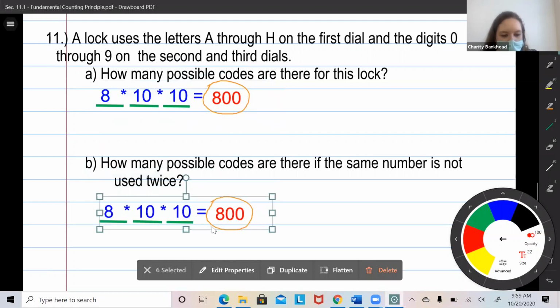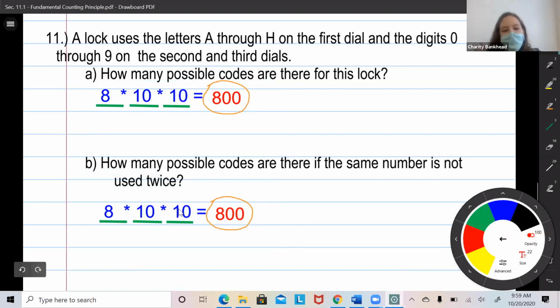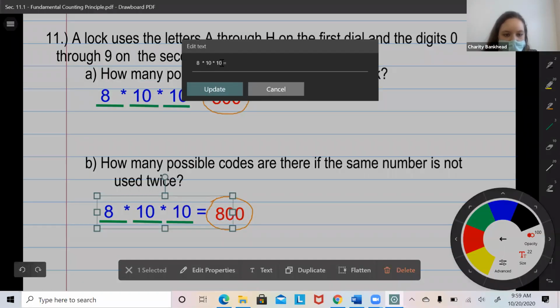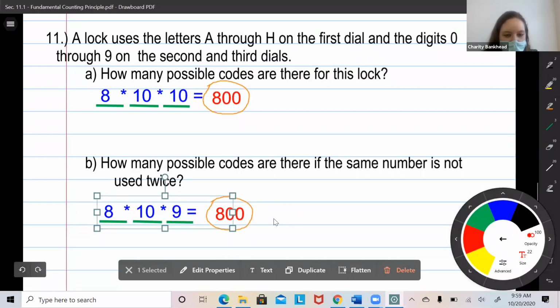So once you pick out the second digit, your third digit can't be the same as the second digit. So instead of 10 options for the last digit, you change it to 9 options for the last digit. And that'll change the answer to 720.